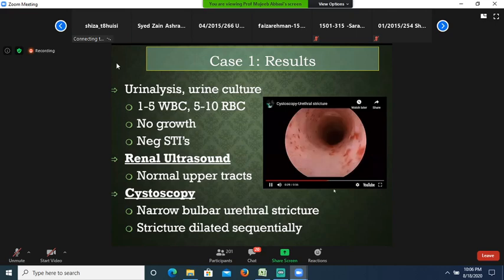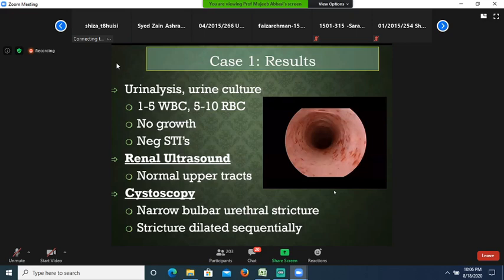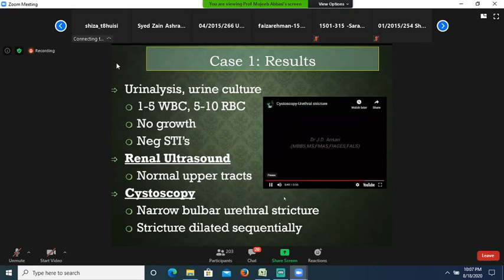So that's how the cystoscope would look, and that's more than 1,000 ultrasounds better, because you can see with your own eyes. Okay, so that would be it. Thanks, Dr. Jire.